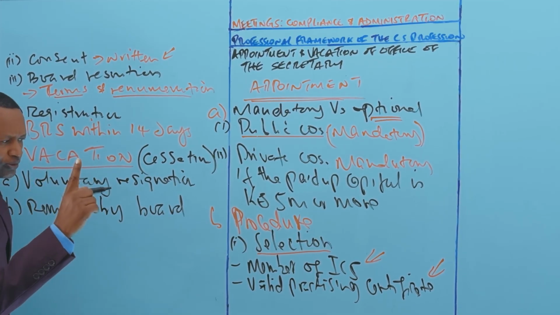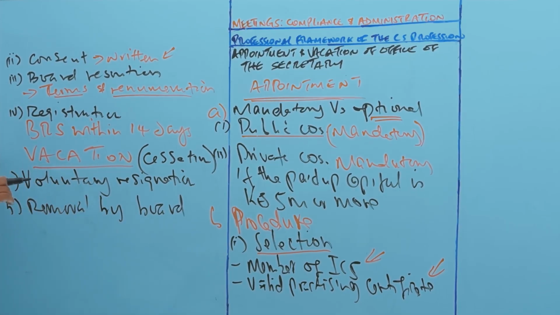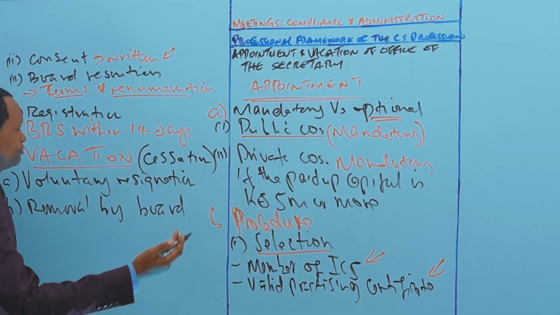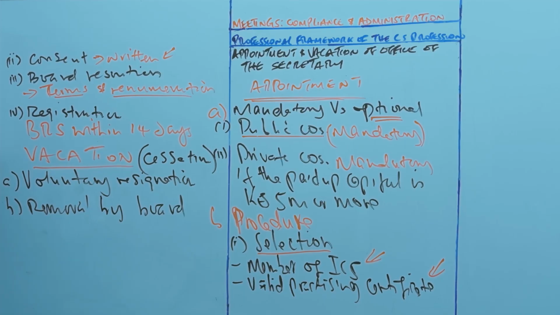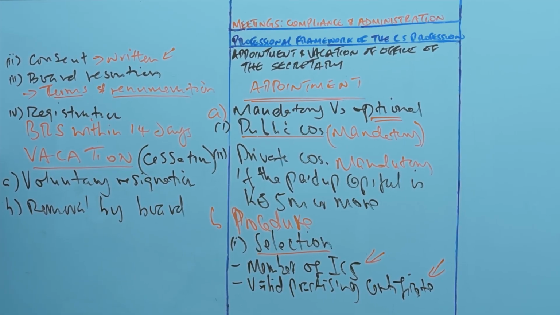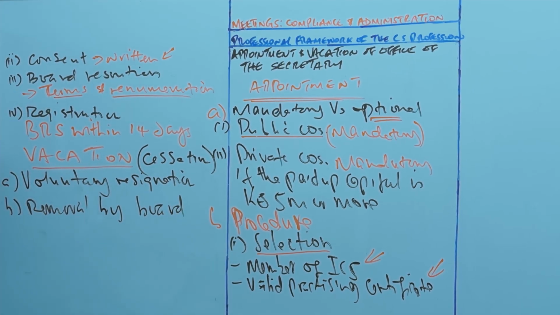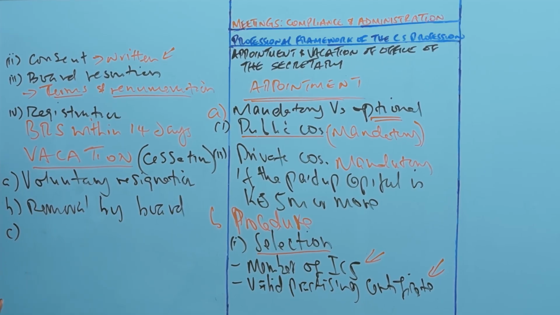And while on it, the board has to be very careful so that there are no wrongful dismissal claims from the company secretary, for that can heavily cost the company. So this is another ground for cessation.